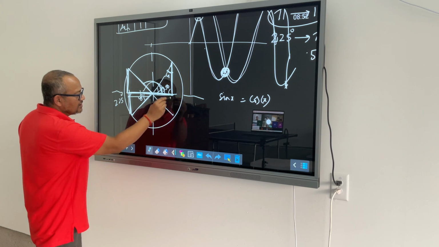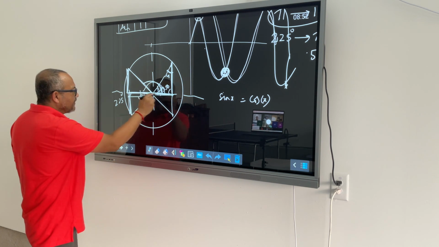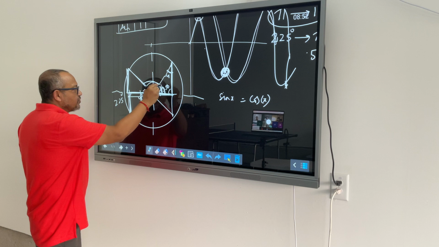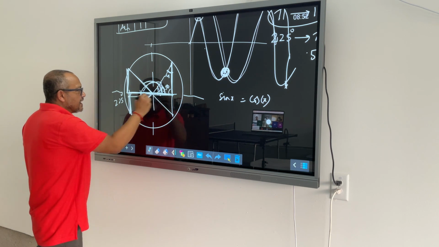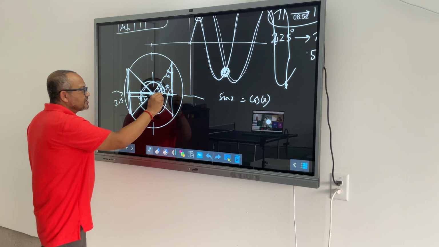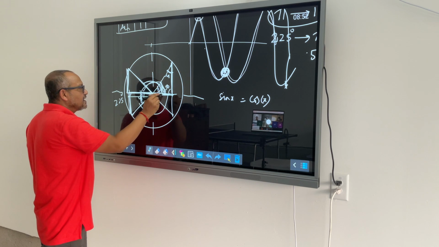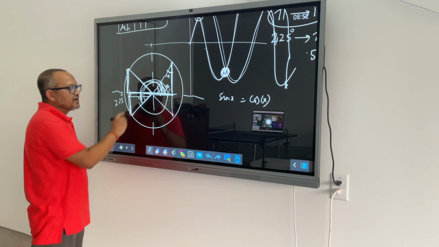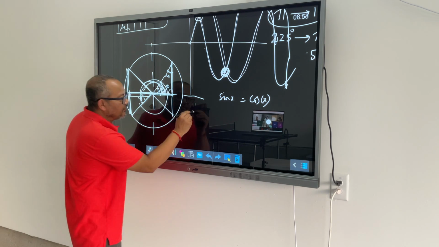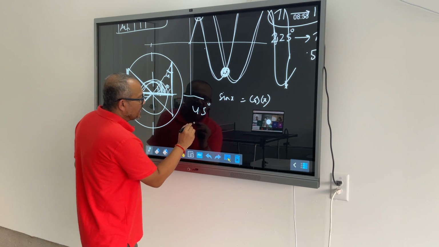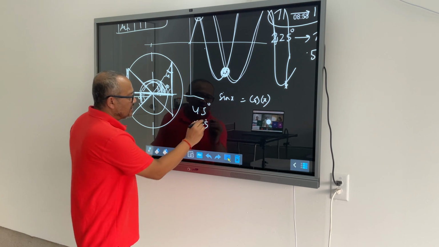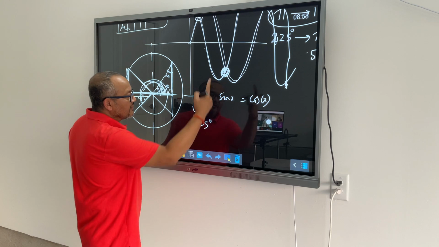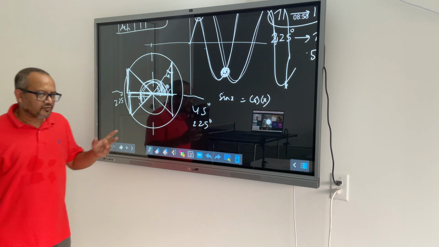Here again you will not think about it. So 45 and 225. Again make one complete circle: 360 plus 45, and 360 plus 225. So 45 and 225. 225 was 5 pi over 4, right?